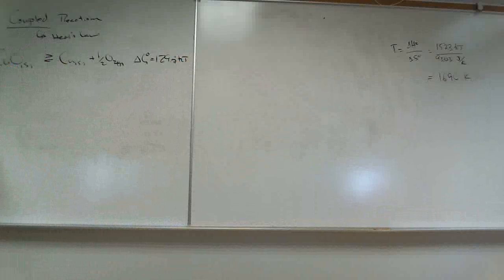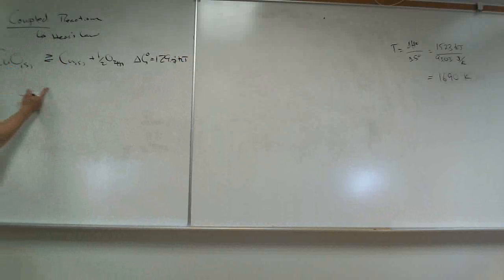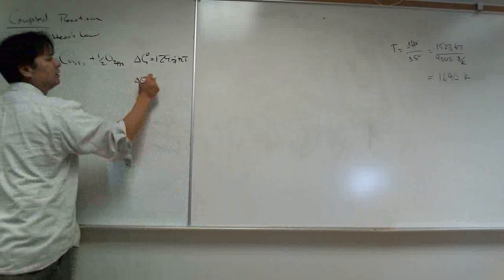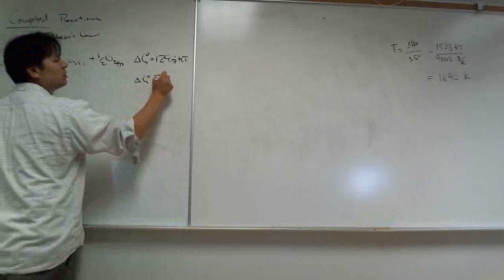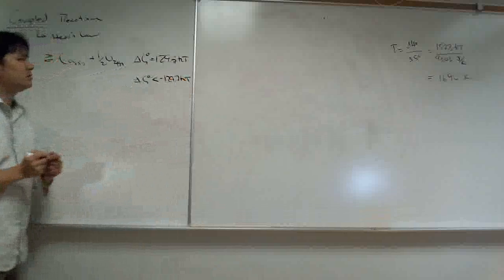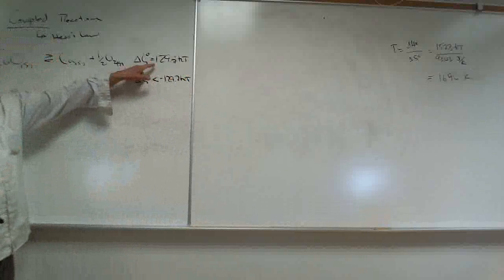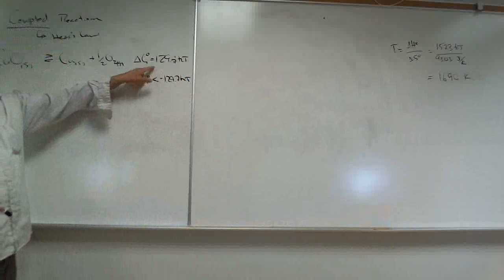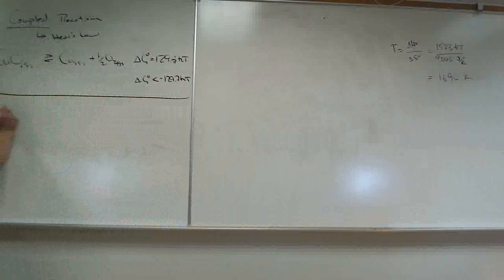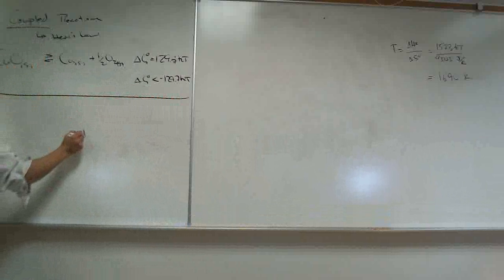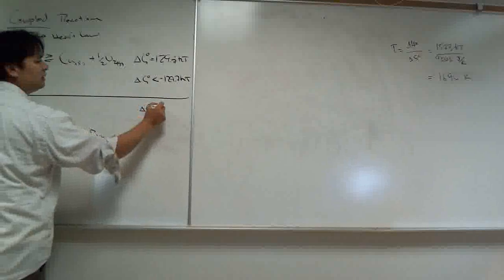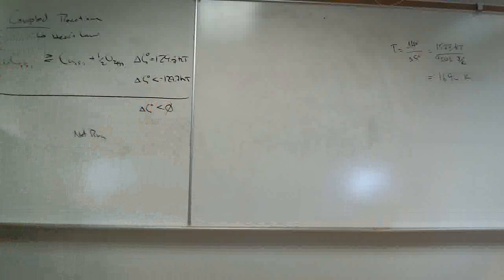What we can do is add a second reaction to this with a delta G naught that's less than minus 129.7 kilojoules. That's going to cancel this one out and make the whole thing negative. So when we add these two up to get the net reaction, we'll have a delta G naught that's less than 0. That's what we want.